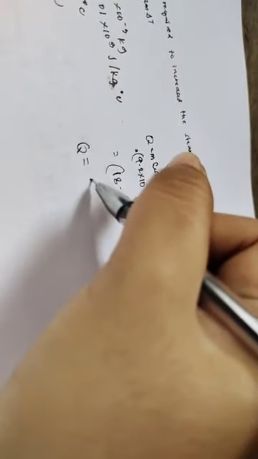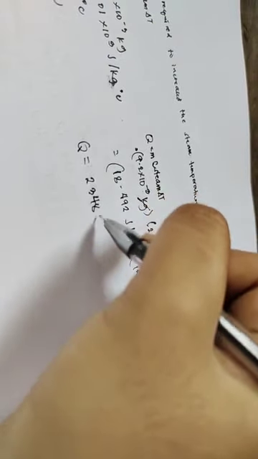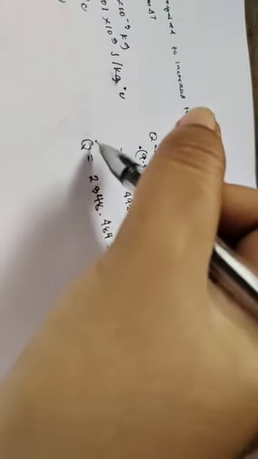Cancel out the same unit, so the final answer will be 2,348.484 joules. So it is the energy required to increase the steam temperature to 112 degrees Celsius.